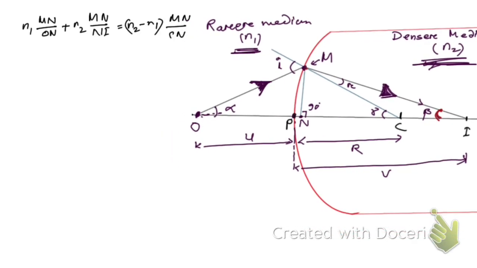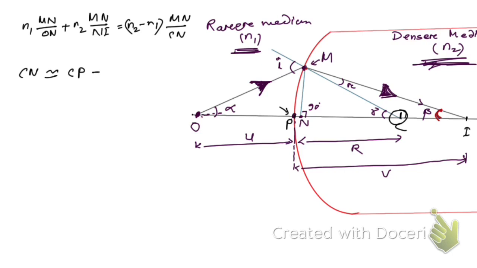So here you see, CN and CP, these are approximately equal. CN is almost equal to CP, as I have already explained, because P and N are very close, right?